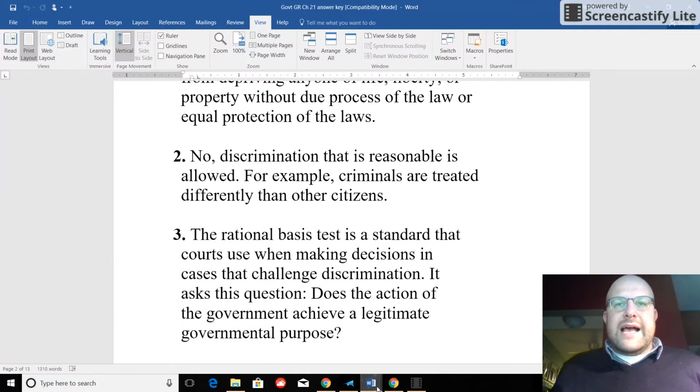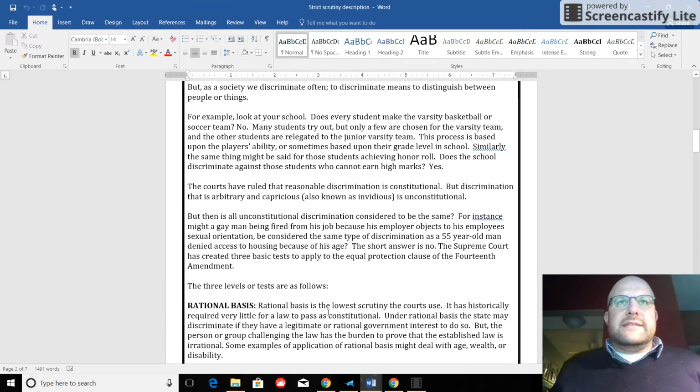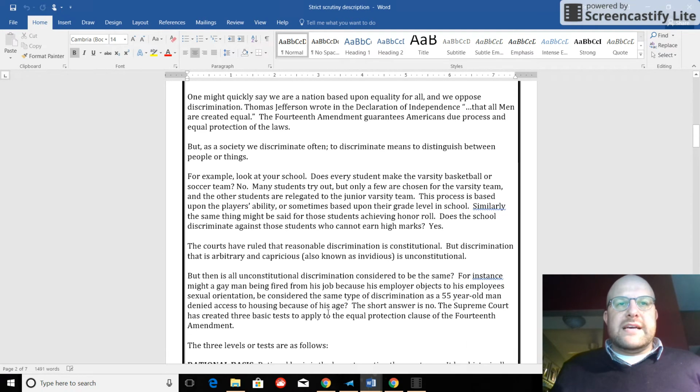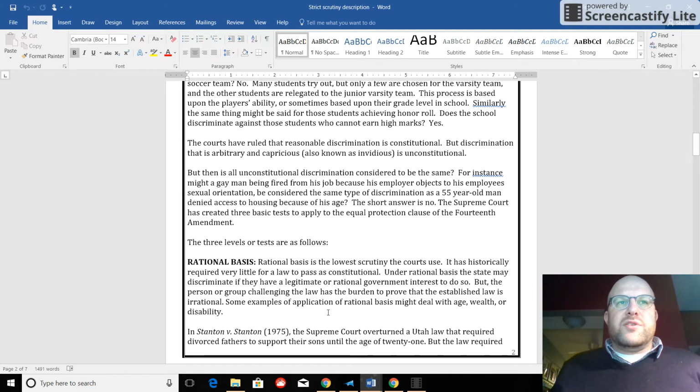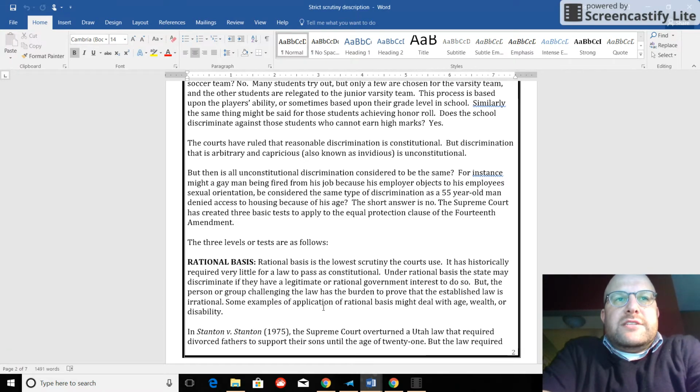We went through this in my class, but just to review, we did an activity with it. Rational basis is a lesser scrutiny test, meaning the burden to discriminate must be proven. It usually deals with age, wealth, or disability, and you must have a legitimate or rational government interest to discriminate.